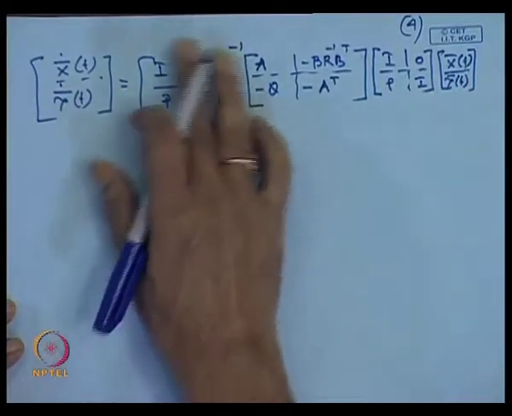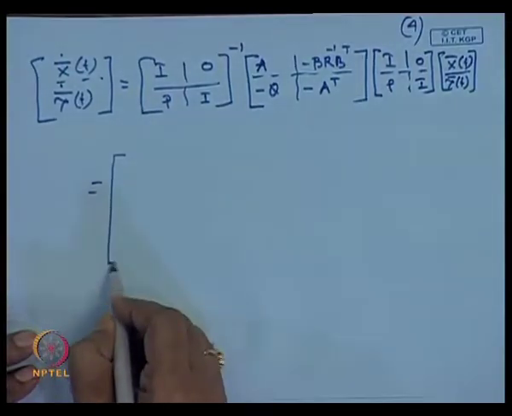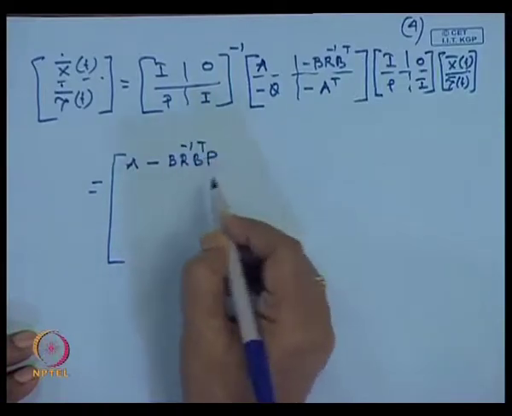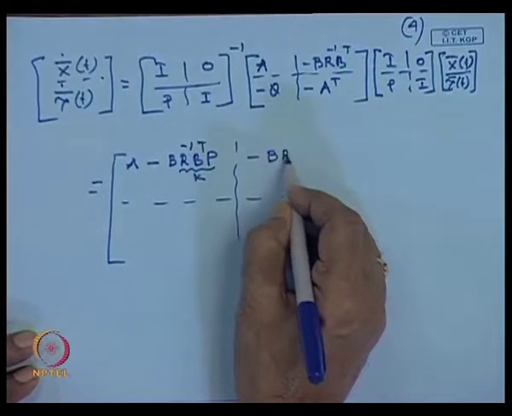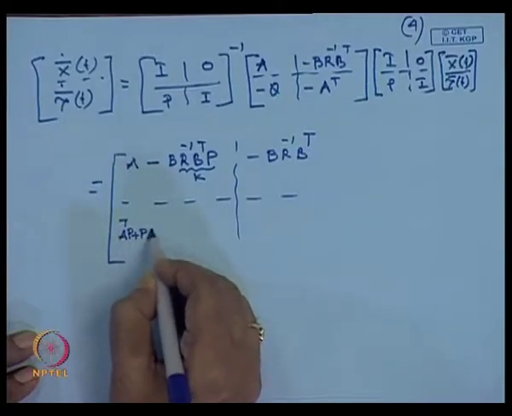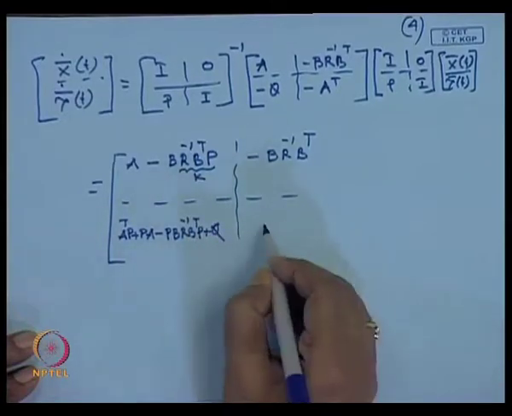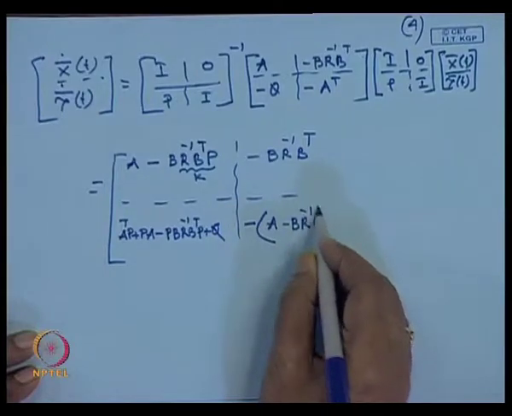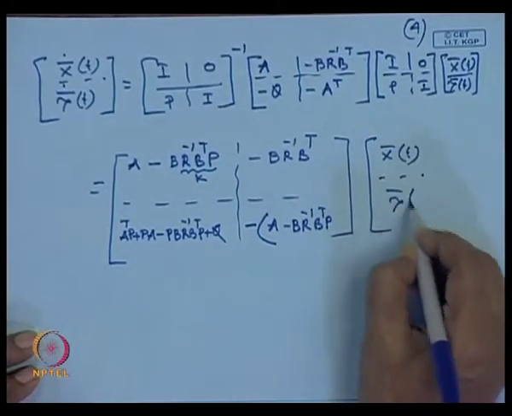If you use the matrix inversion lemma as we discussed earlier, after simplification we get the final result like this: A minus B R inverse B transpose P, and this is nothing but our K. And the lower left block equals A transpose P plus P A minus P B R inverse B transpose P plus Q, and then minus of the matrix A minus B R inverse B transpose P, multiplied by x bar of t, lambda bar of t.